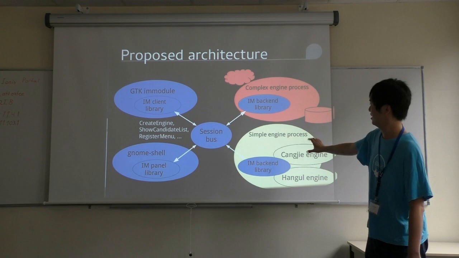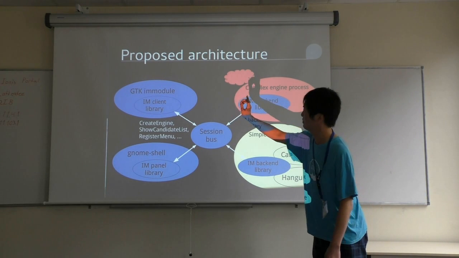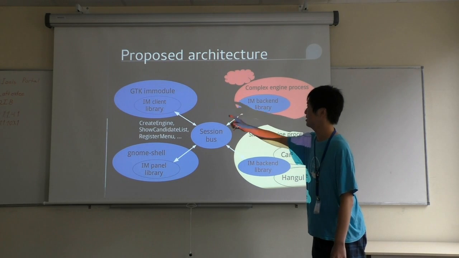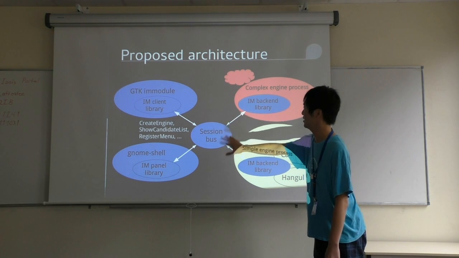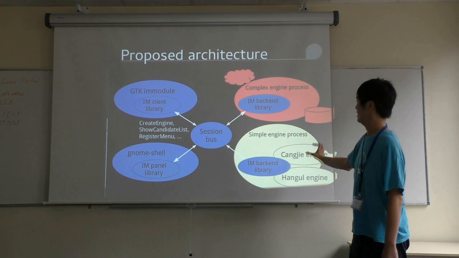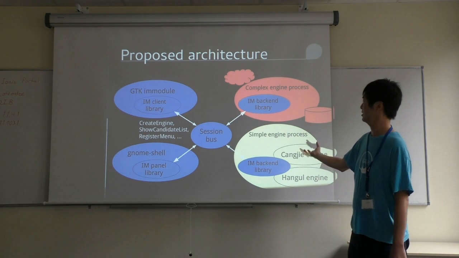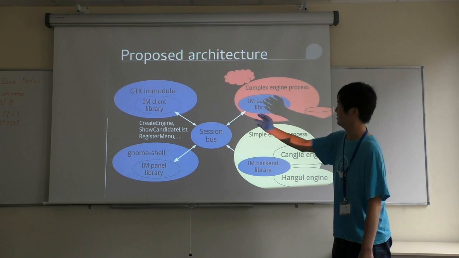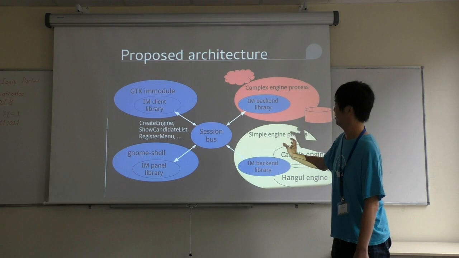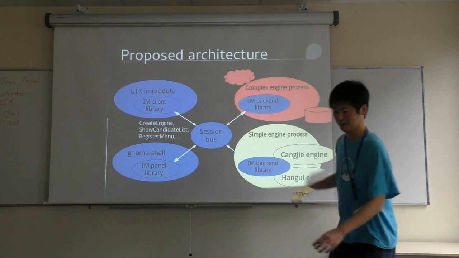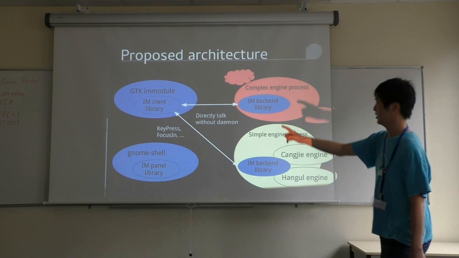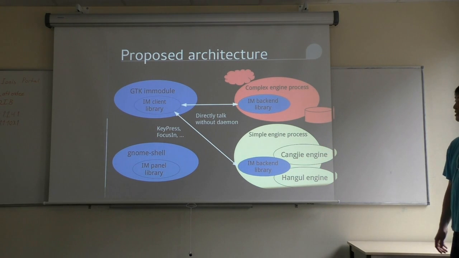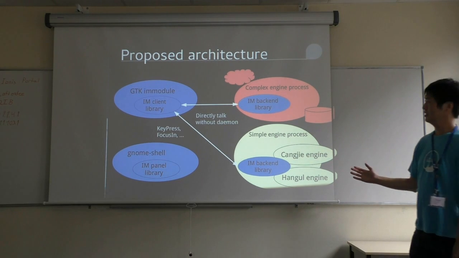If a client wants some engine, it asks the panel library to create the engine, then activates this engine, and then tells the client the engine address, and then the client can directly communicate with the engines. That would be simple.